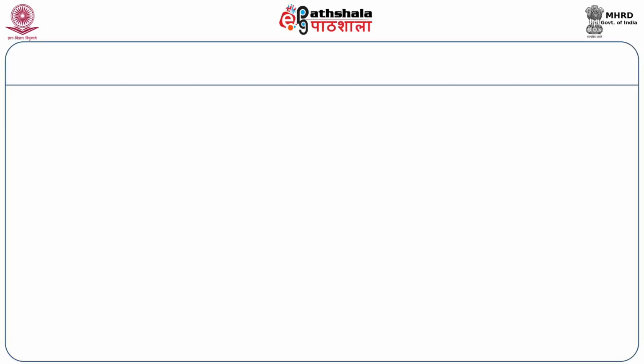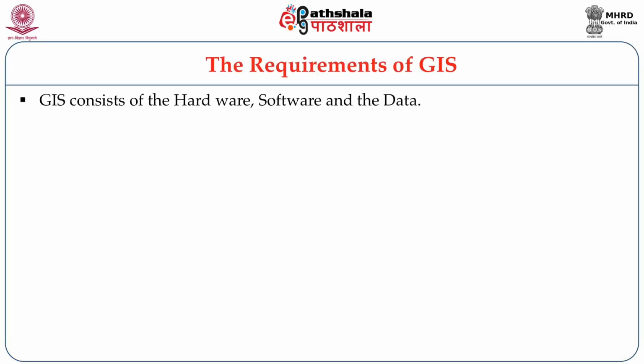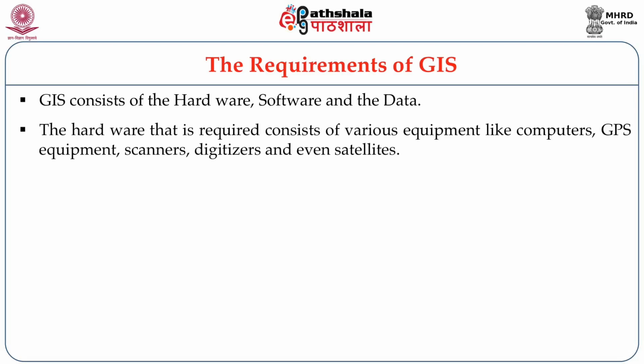Let us see what are the requirements in doing GIS work. Usually GIS consists of the hardware, software, and the data. The hardware that is required consists of various equipment like the computers, the GPS equipment, the scanners, the digitizers, and even the satellites.